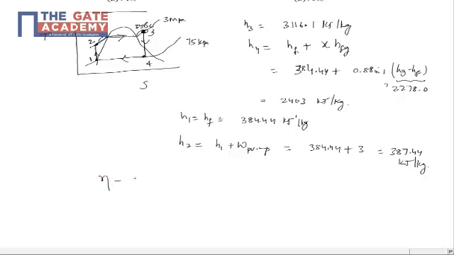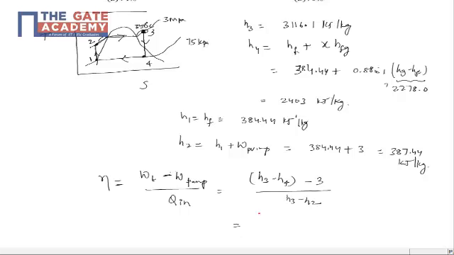So efficiency is basically the net work done divided by the heat input. The net work is the work done by the turbine minus the work done by the pump. H3 minus H4 is the work done by the turbine, minus the work done by the pump, which is already given as 3 kilojoules. The heat input is H3 minus H2.